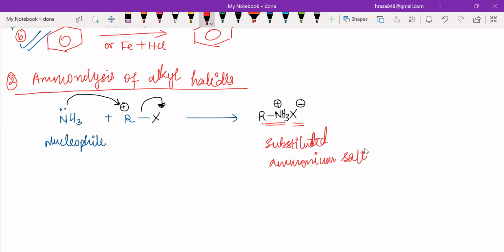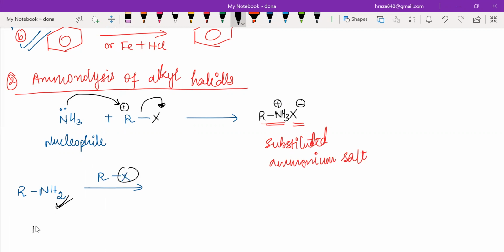Understood, sir. Okay. Now see what is ammonolysis of this alkyl halide. If you have 1 degree amine, you are going to react this with RX. Now see what you need to do. Just remove one hydrogen and replace it with this.